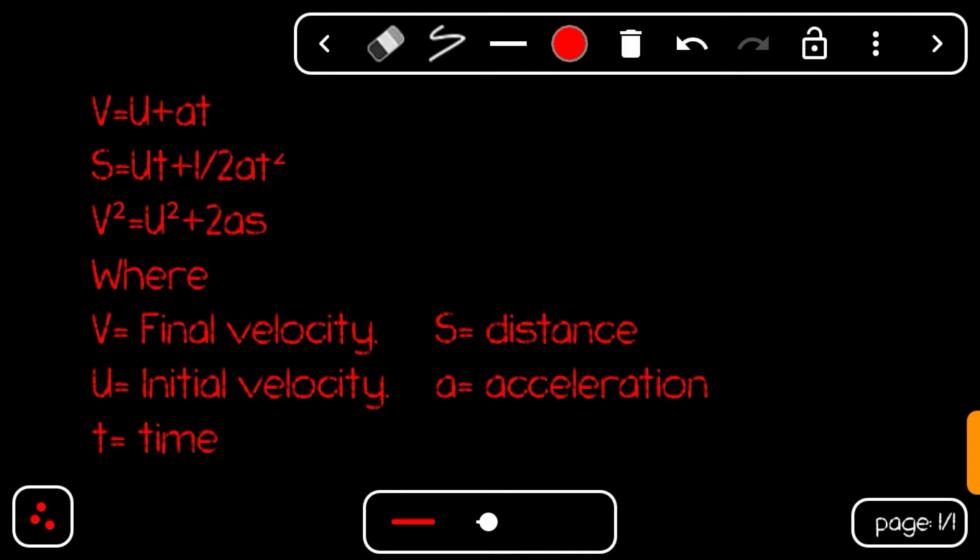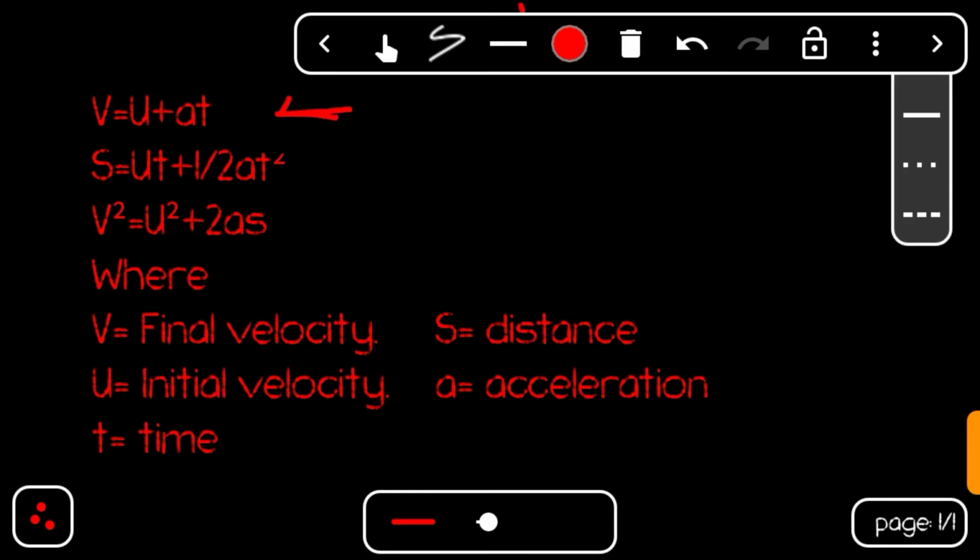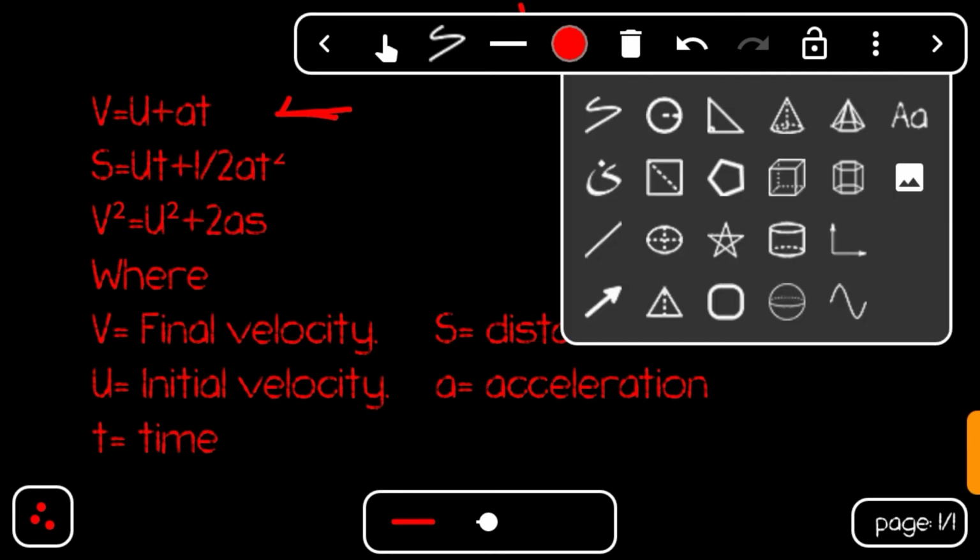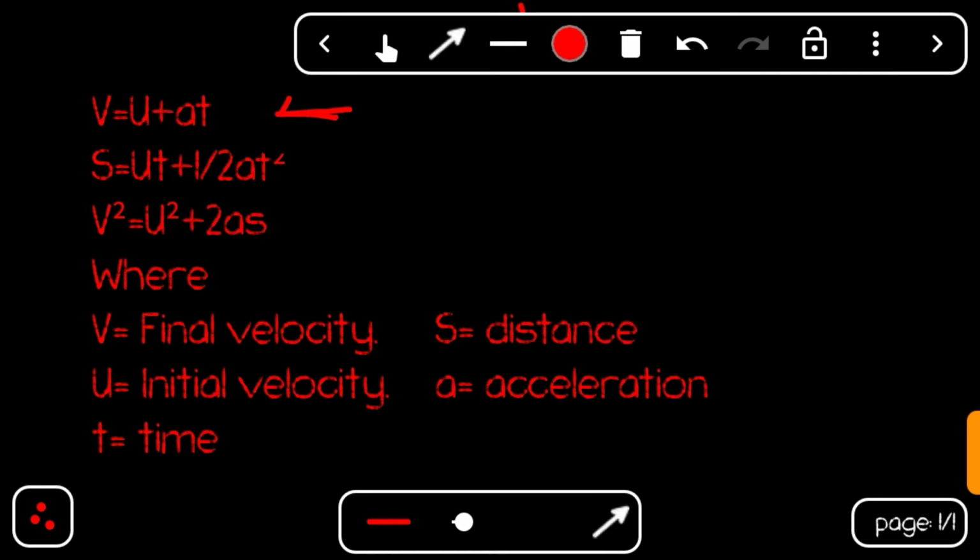The first equation of motion, as we can see here, is v equals u plus at. The second equation of motion is s equals ut plus half at square.